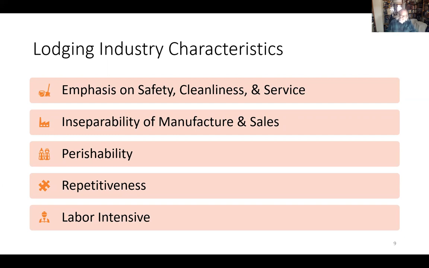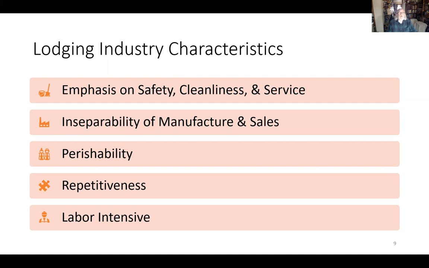It's inseparable in the sense that a room exists and it is sold at the same time, at the same site. So you have a room which is inventory, and you sell your inventory, but you retain it the next day when the contract ends. So it exists and is sold at the same time in the same place.